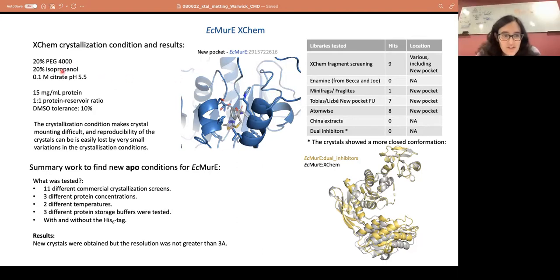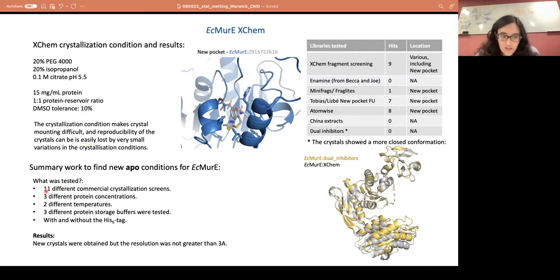The crystallization condition has isopropanol, which makes the mounting of the crystals quite difficult and lengthy. So we have always tried to get less isopropanol or zero isopropanol into the crystallization conditions. But everything we have tried to get APO conditions for MurE hasn't worked.